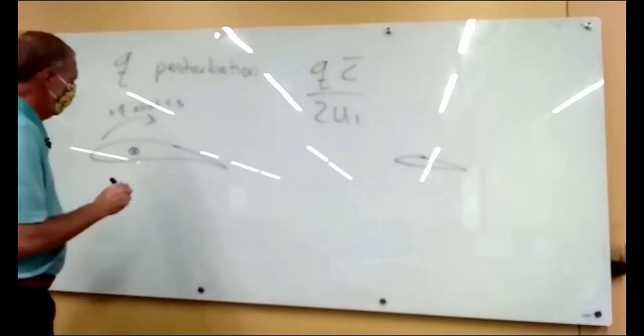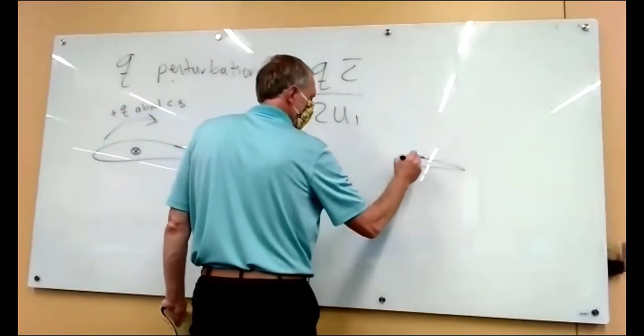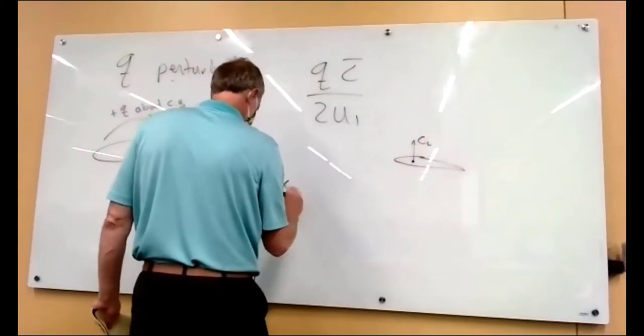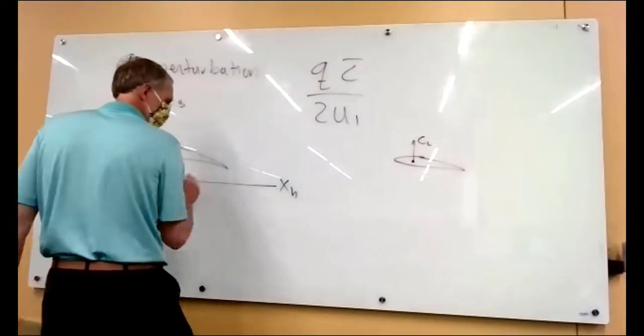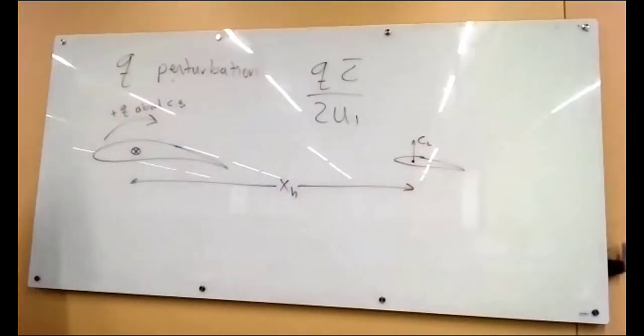Okay, so then here's the horizontal tail, and its aerodynamic center is here, which is where the lift acts. And so how fast that thing is sweeping downward is xh times q.